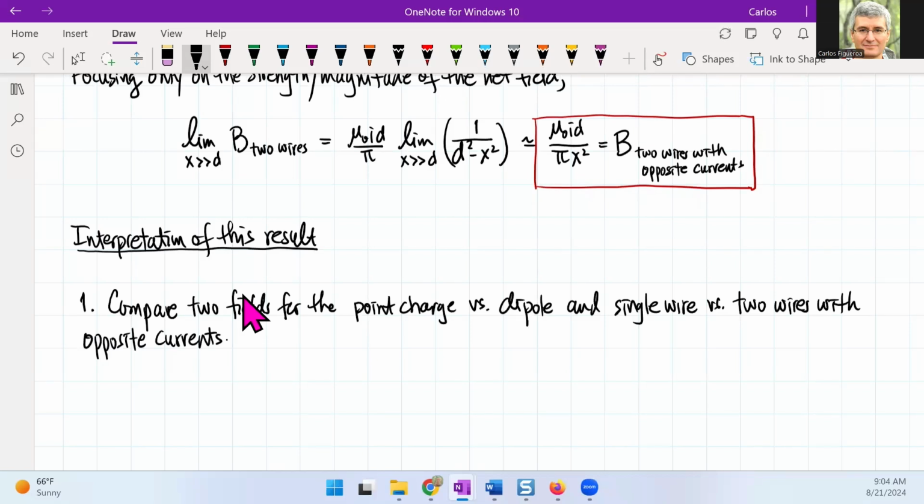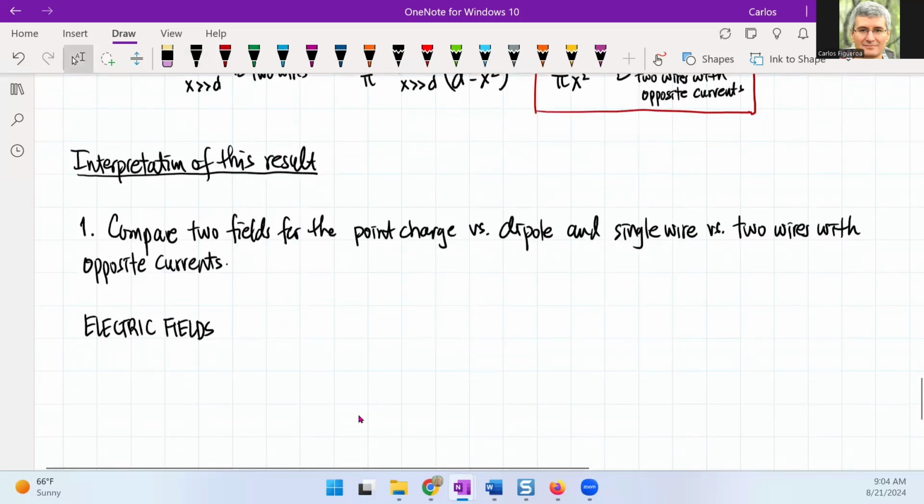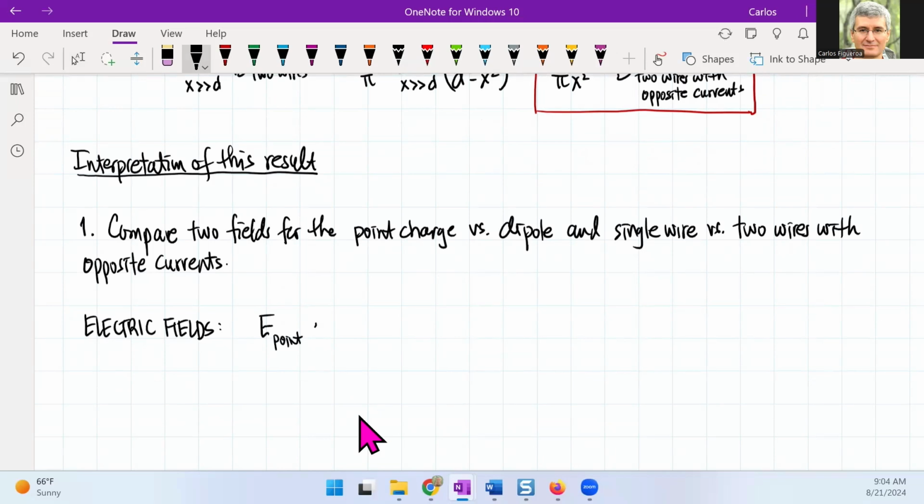So if I look at the electric situation, I see that if I look at the electric field of a point charge, this field is proportional to 1 over x squared. And if I compare this to the dipole, this is proportional to 1 over x cubed.